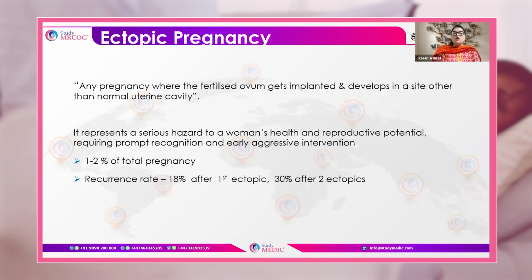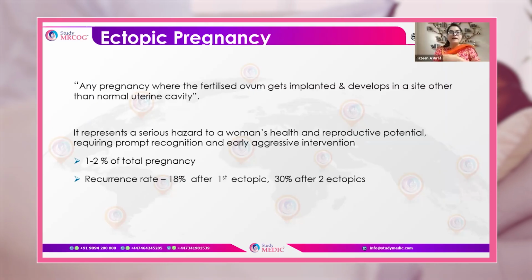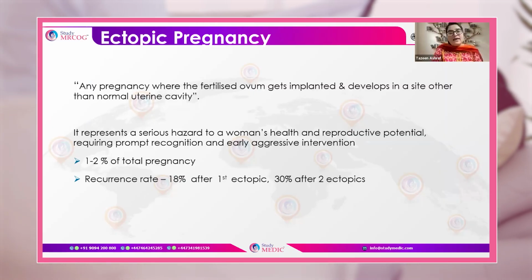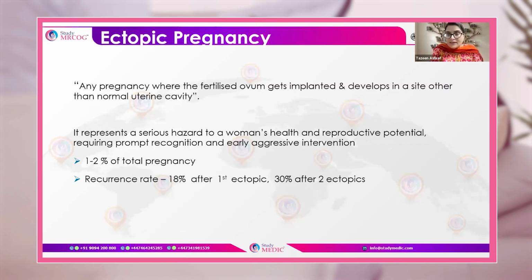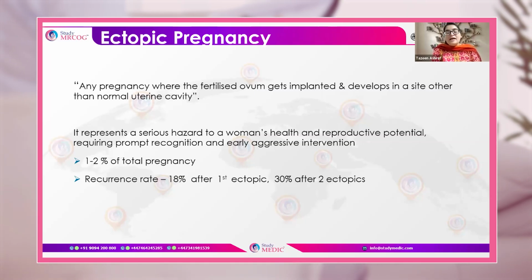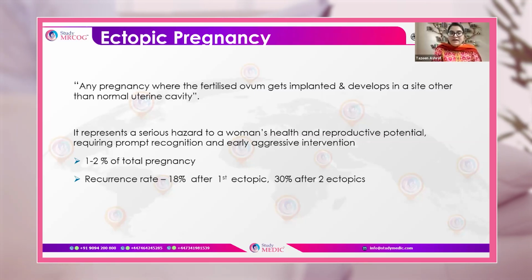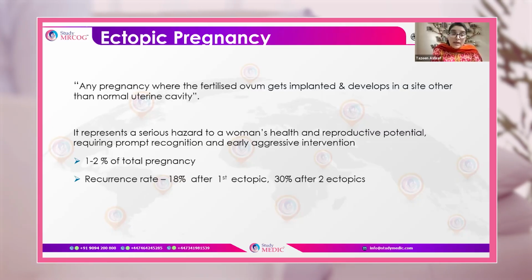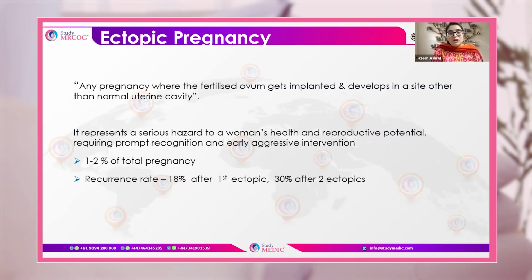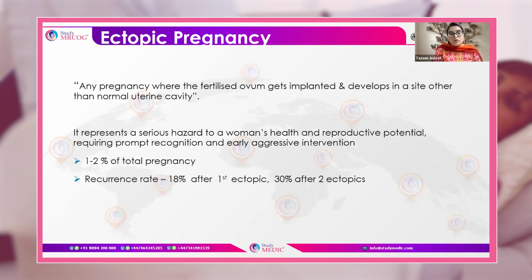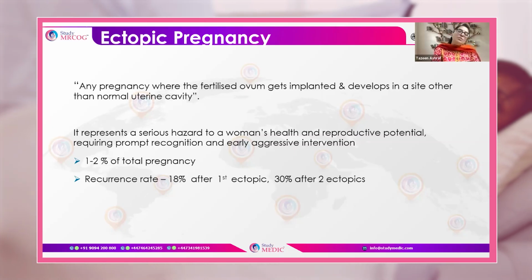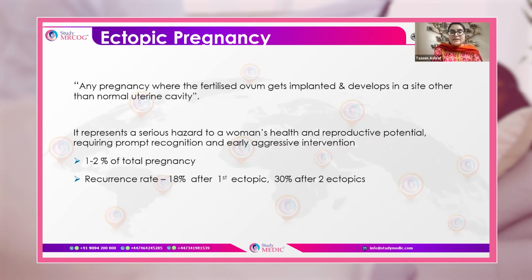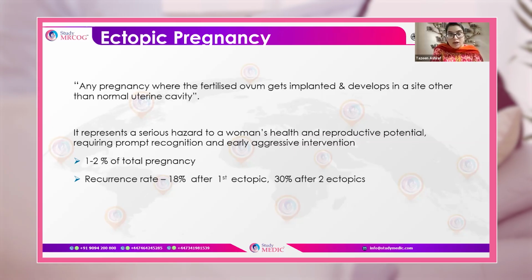So, first of all, ectopic pregnancy is basically any pregnancy where the fertilized ovum gets implanted and develops in a site other than the uterine cavity. So, pregnancy outside the uterine cavity is known as ectopic pregnancy, and it represents a serious hazard to a woman's health and reproductive potential.